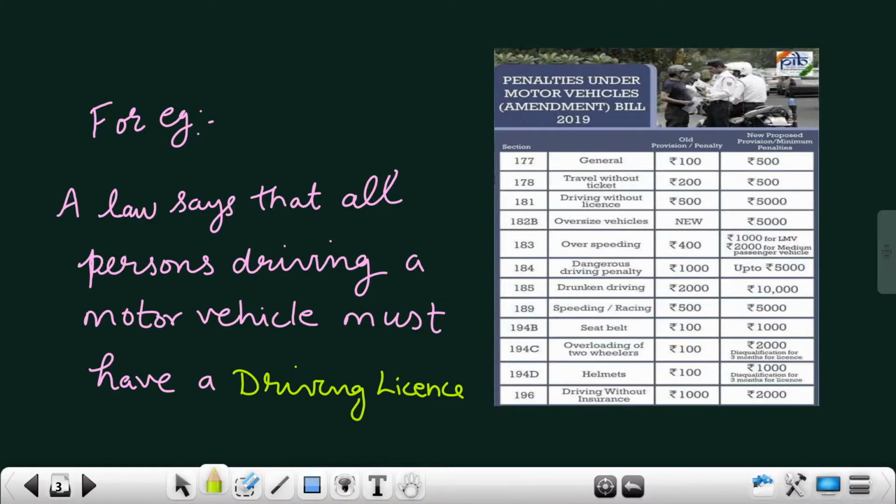Children, for example, a law says that all persons who drive a motor vehicle must have a driving license. That is the law.